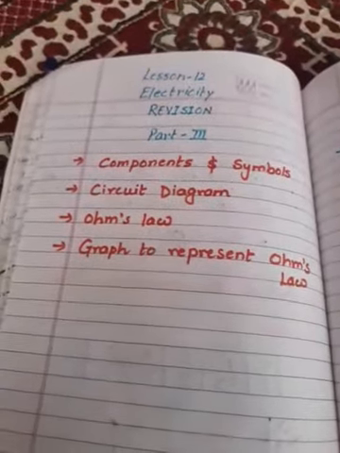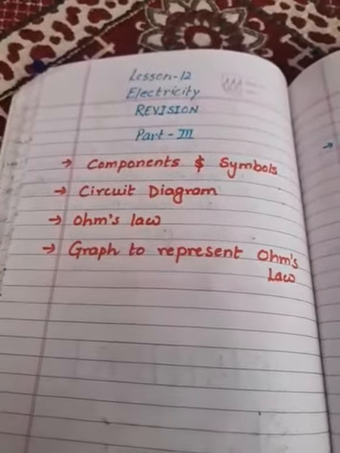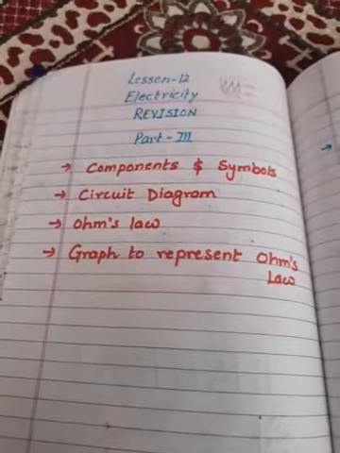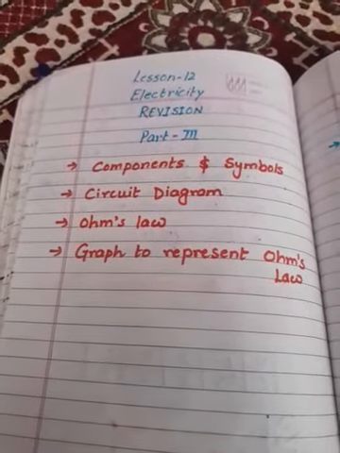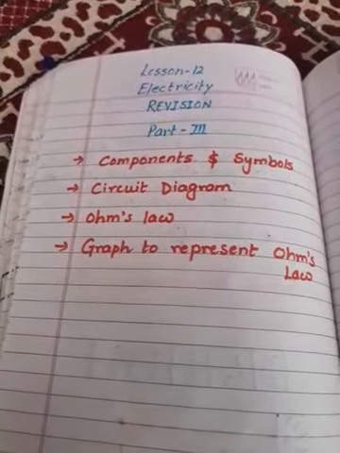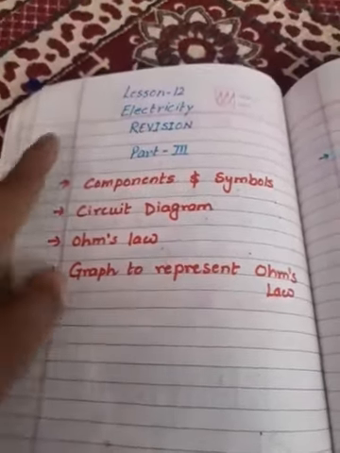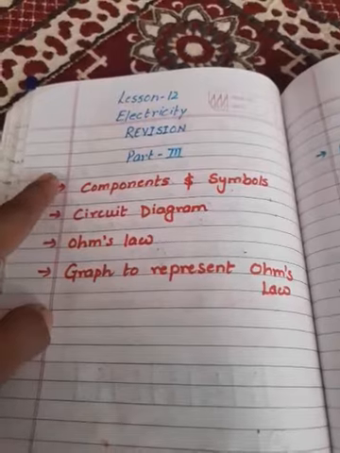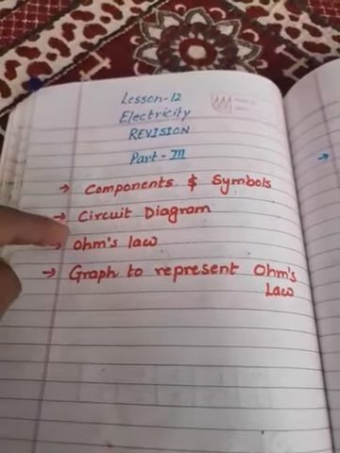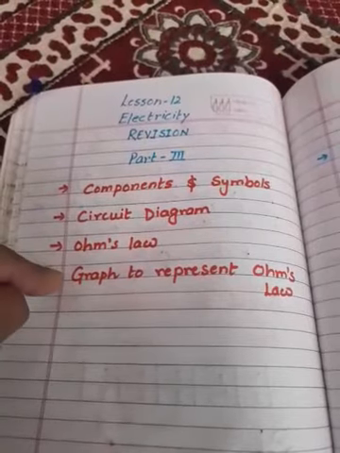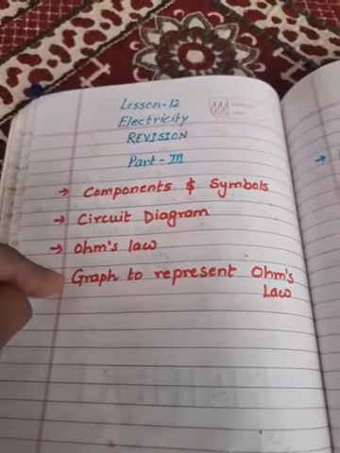Today we will do part 4 of the electricity chapter. But before starting part 4, I want to discuss part 3 topics so that you can continue your studies properly. First of all, I will tell you which topics we have done in part 3. First topic we have done is components and their symbols. After that circuit diagram, after that Ohm's law, and in the last we have done the graph to represent Ohm's law.